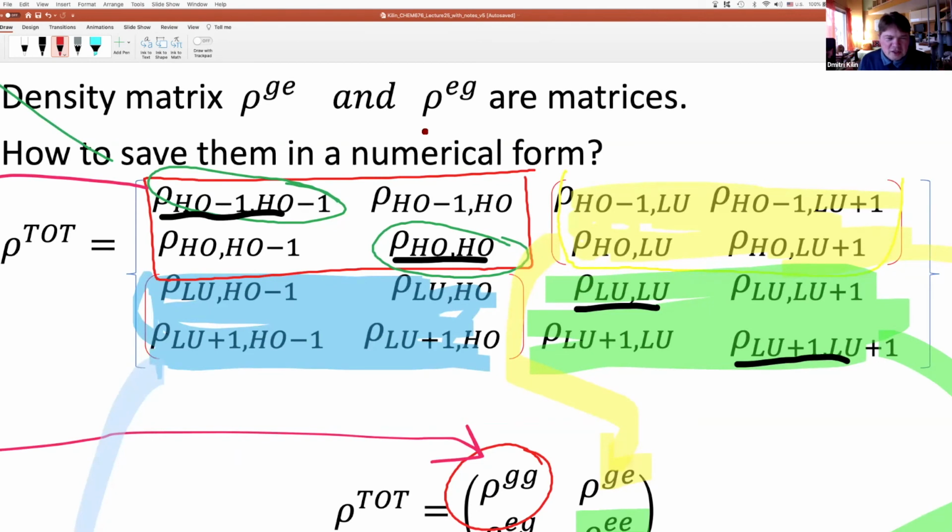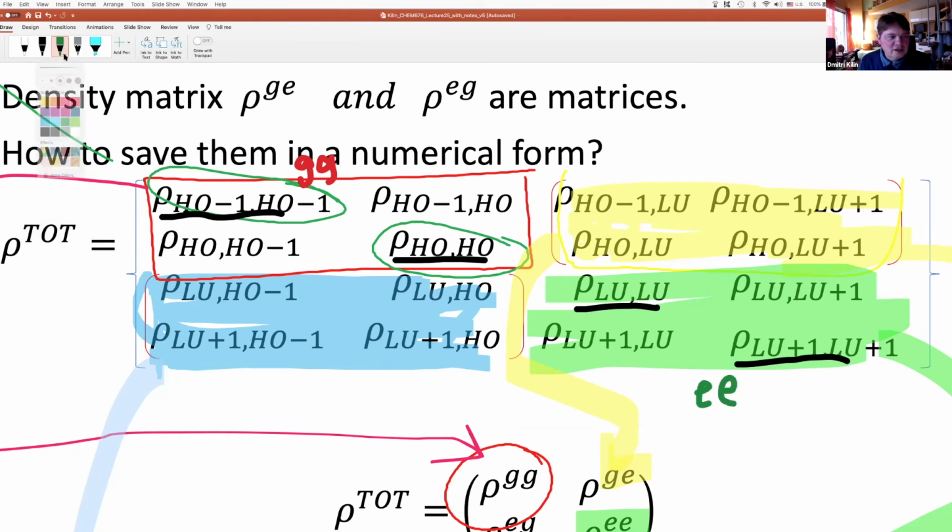So here we are showing the density which does not depend on position. It's only the density matrix. And we do have the segments. In the red box, it is ground. In the green color, it is excited.